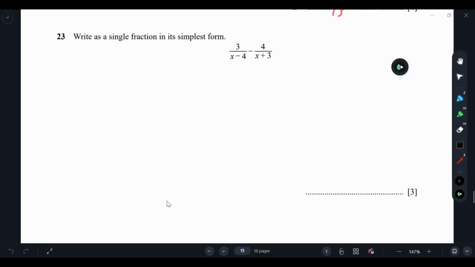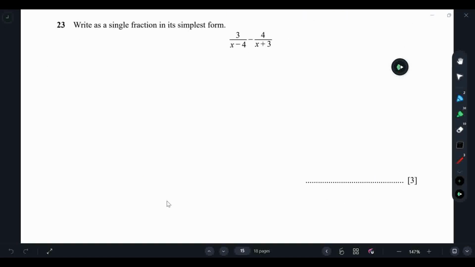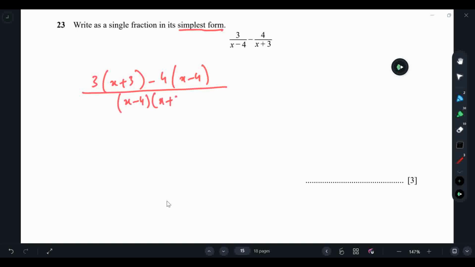Let's move to question number 23. This is a very basic question that we have to write in the simplest form. So 3 into x plus 3 minus 4 into x minus 4, whole divided by x minus 4 into x plus 3.